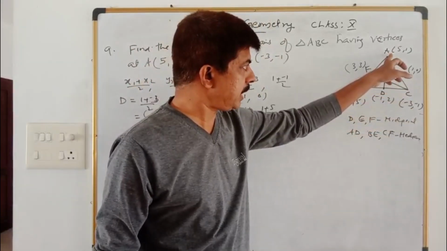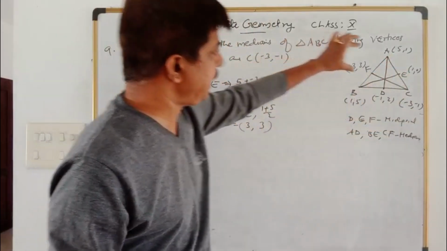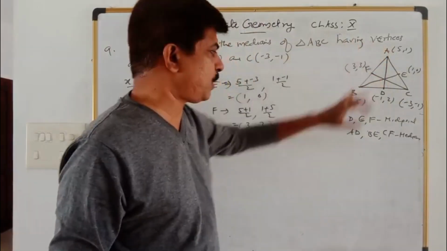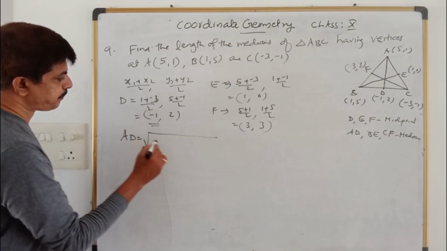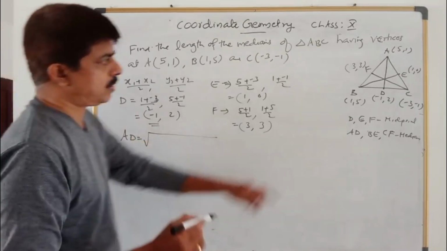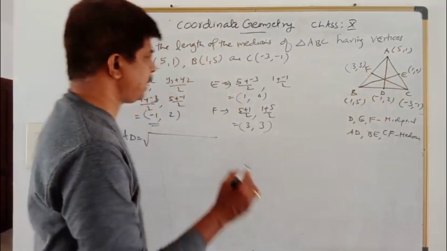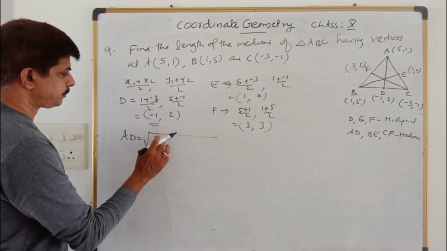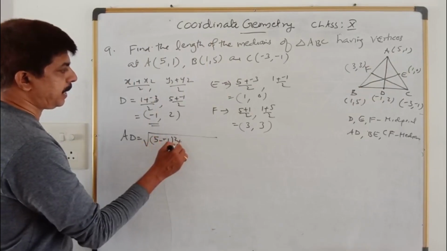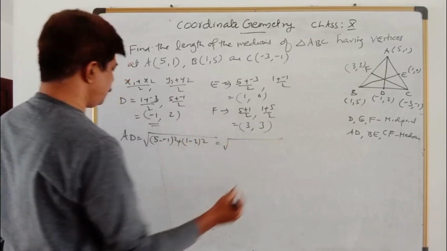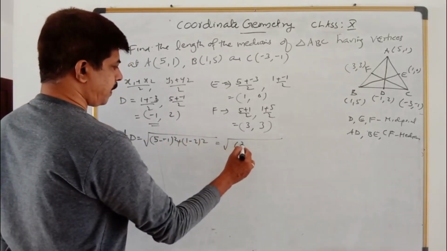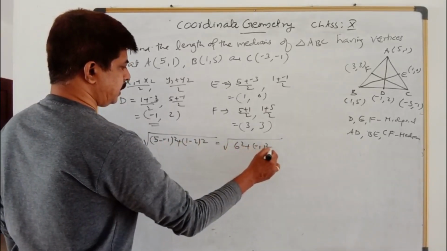Now we have to find the length of the medians. Length means we use the distance formula. AD is equal to root of x2 minus x1 whole square, that is 5 minus minus 1 whole square, plus 1 minus 2 whole square, equal to 6 square plus negative 1 square.